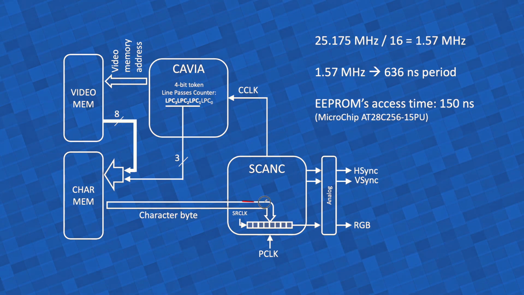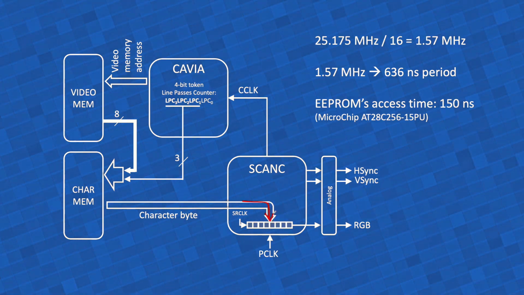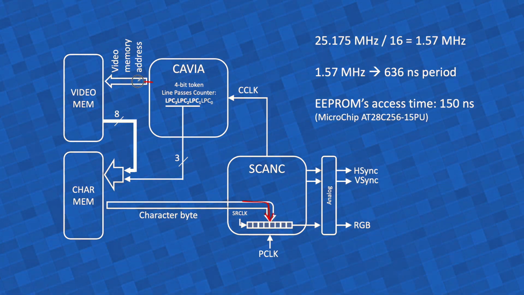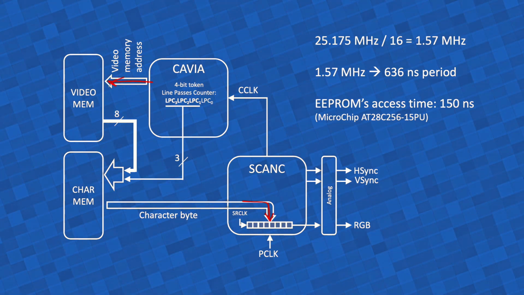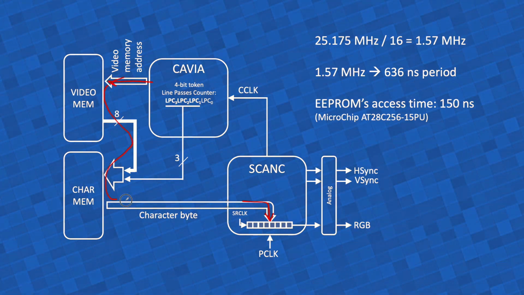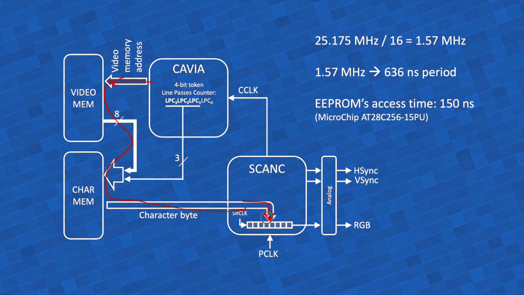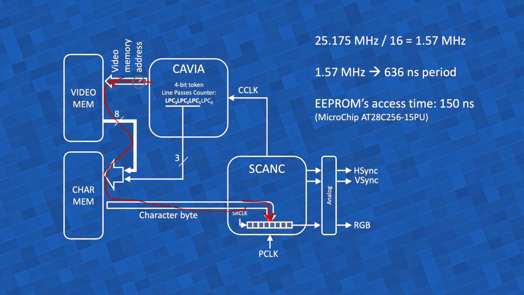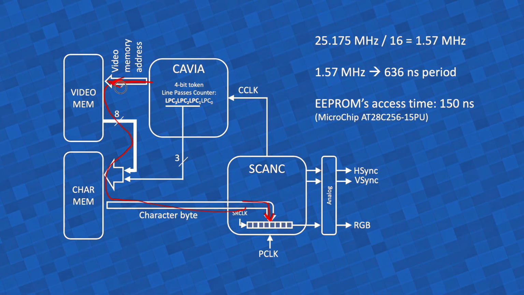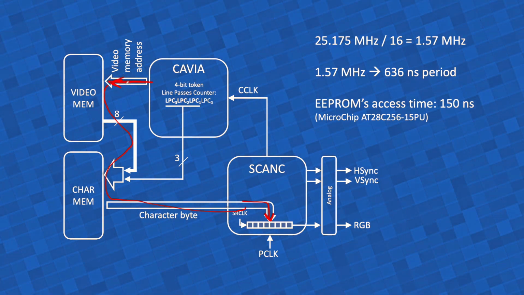We don't want SCANC to latch a byte immediately after Cavia puts an address there, because then we will not have time for all this to happen. We want this latching to happen as far away as possible from the moment the corresponding address is presented to the video memory. That's the trick.